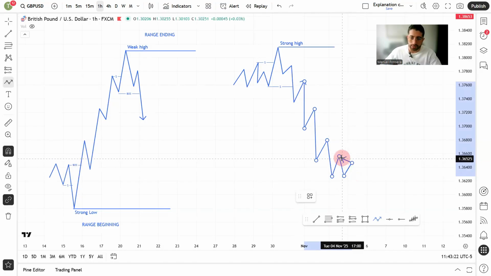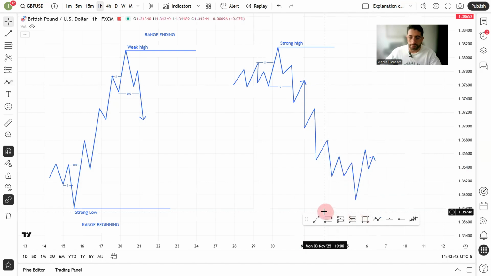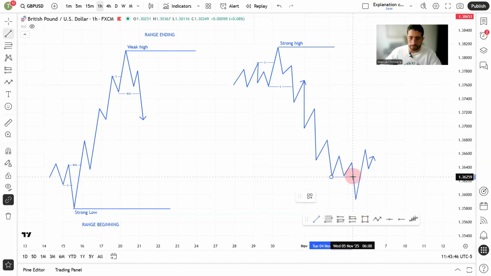This is the closest high, and this is the closest low. Now we will wait for, again, a liquidity taken or sweep of these lows, and then we will wait for this high to be broken with the body of the candle. Something like this. That's it. And then we will have here the end of a range.